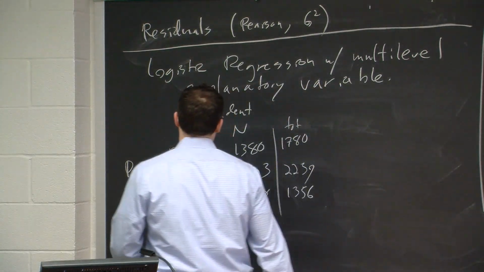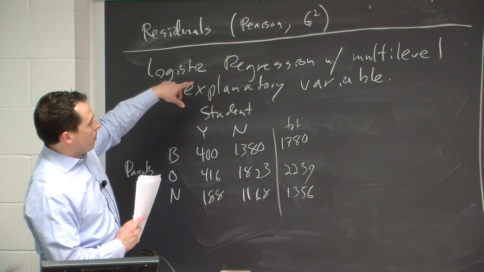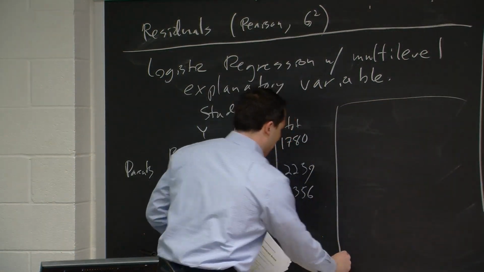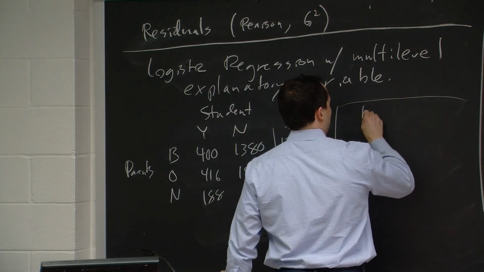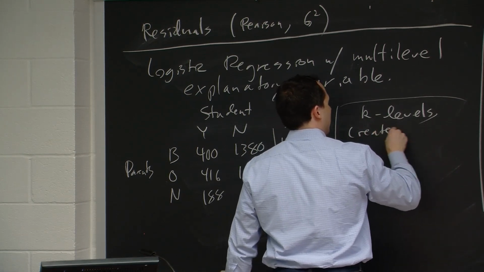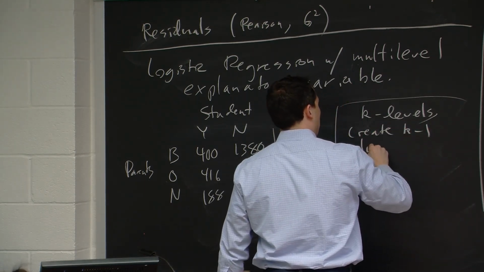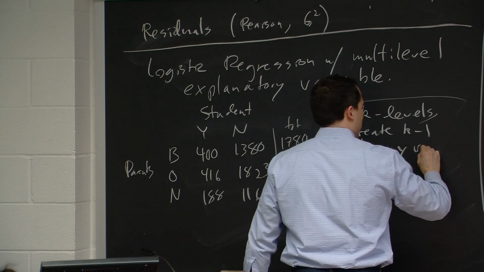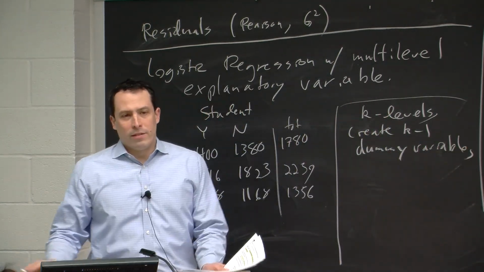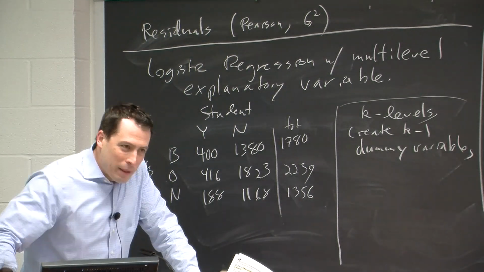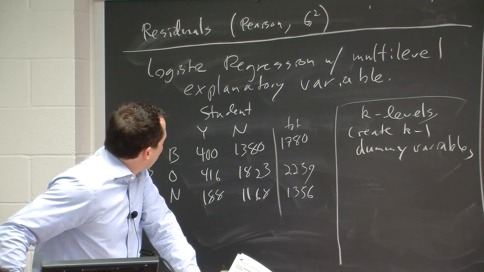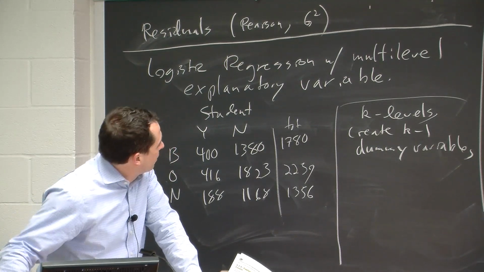But the key idea for how we treat multiple levels is kind of an obvious thing to do, which is: if we have k levels, we create k minus 1 dummy variables. This destroys all ordinal information, which is unfortunate, if there's ordinal information here, it's ignoring that.